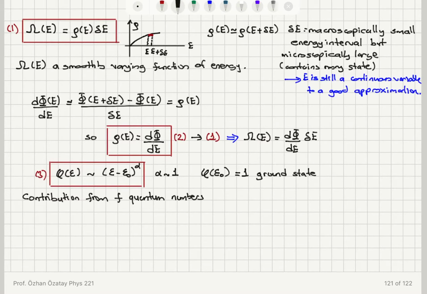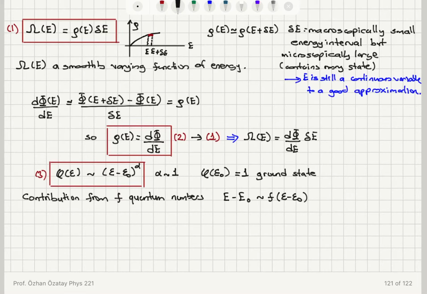The total energy of the system minus the ground state energy of the system is basically the total number of quantum numbers F multiplied by epsilon minus epsilon 0.